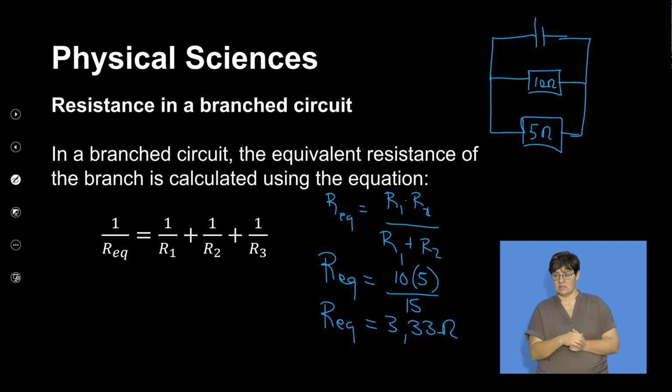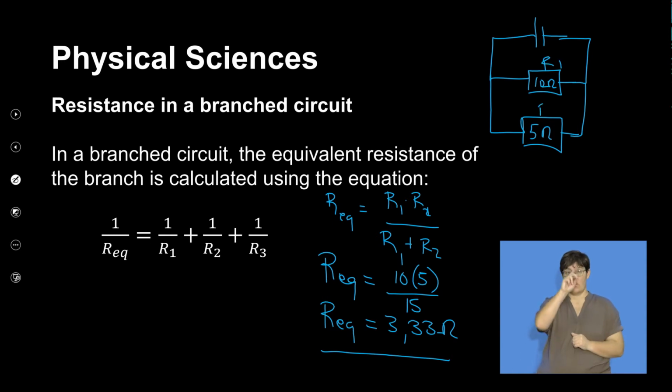The equivalent resistance is actually less than the smallest resistor in this case. If this is our R1 and our R2 is the smallest resistor, which is 5 ohms, then the equivalent resistance should be smaller than the smallest resistance.